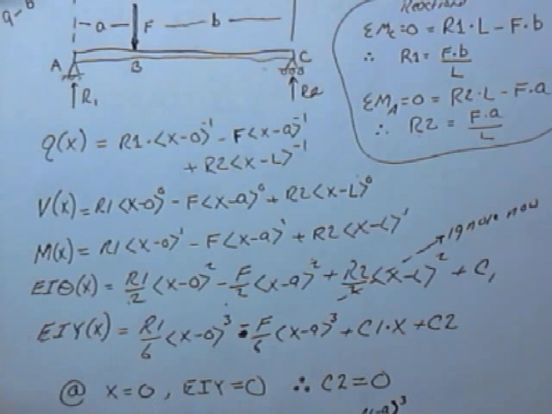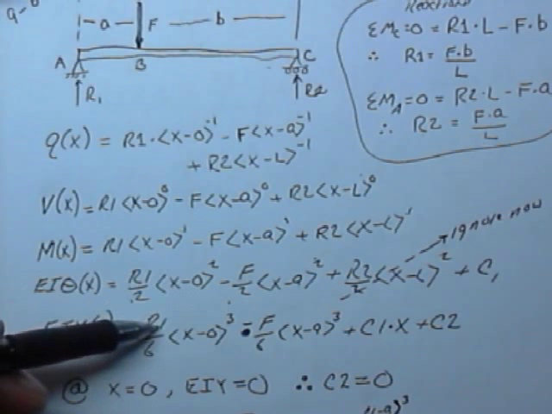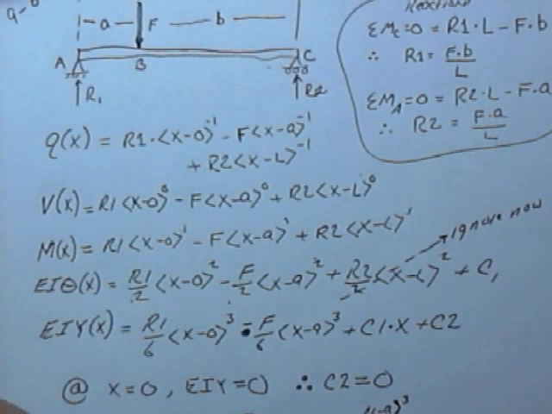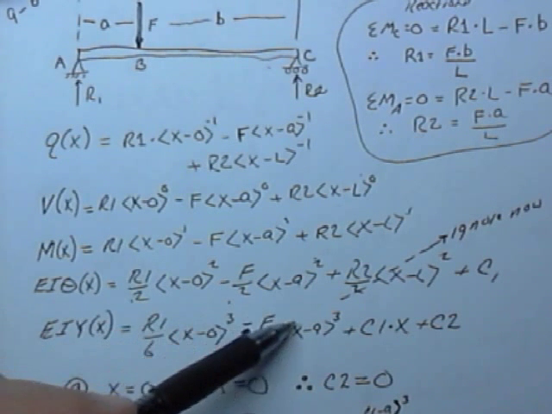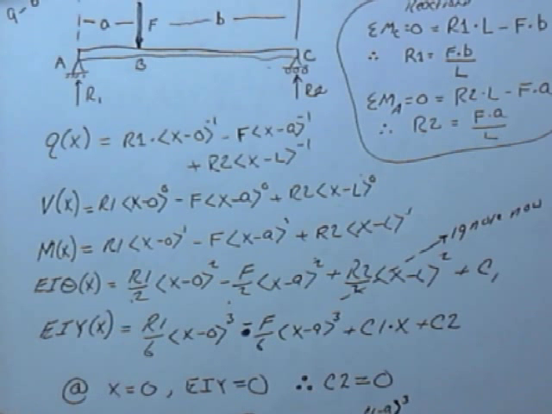Now, at x equals L, my deflection is also 0 at the other end. And so I'll take my EIy equation and I'll set this term to 0. This term becomes the R1 over 6 times L minus 0. This term becomes an L minus A term. x is equal to L here, and the C2 I've already set equal to 0. And this singularity function L minus 0 cubed simply becomes an L cubed, because it's on when L is bigger than 0, and I'm not subtracting anything.